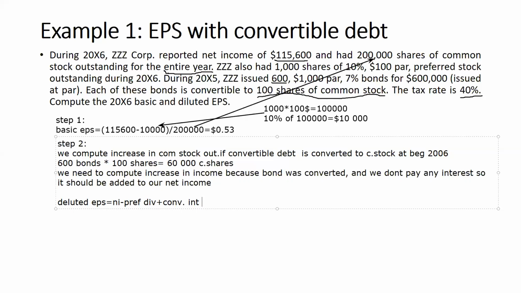And this all should be divided by the weighted average of common shares that we calculated before, which is 200,000, plus the converted bond shares.